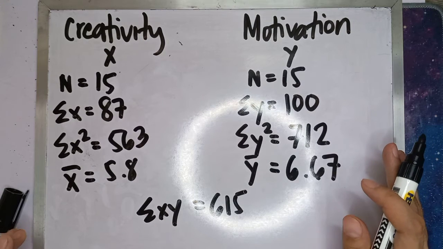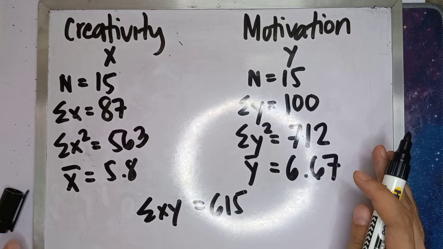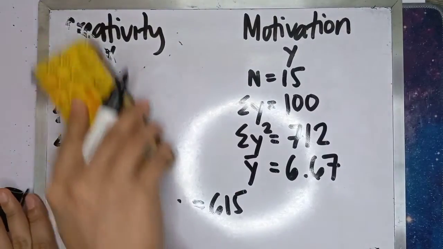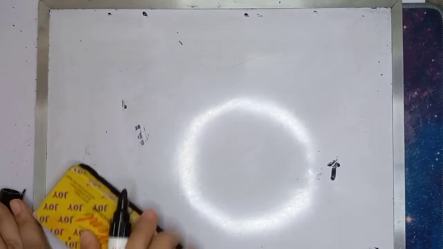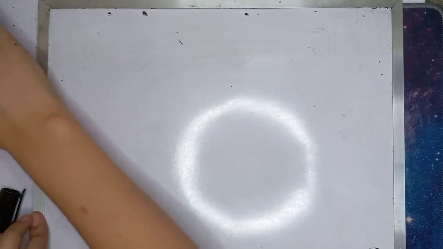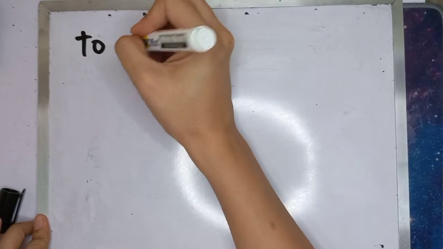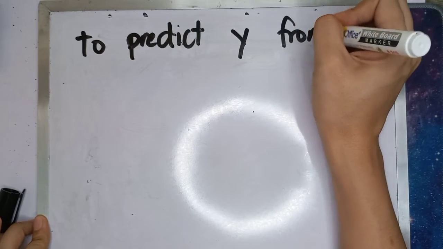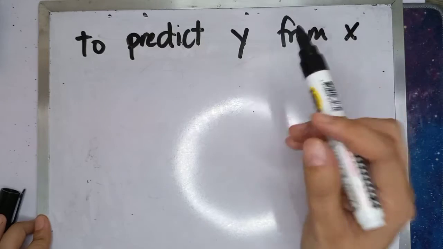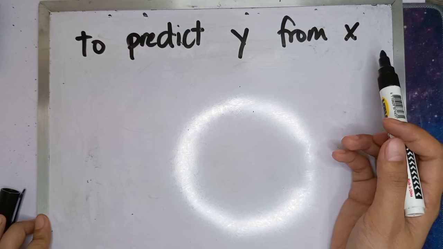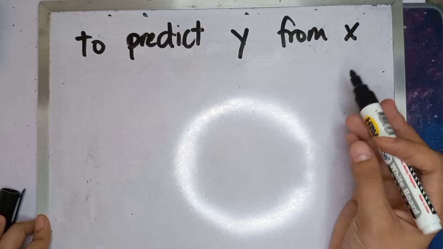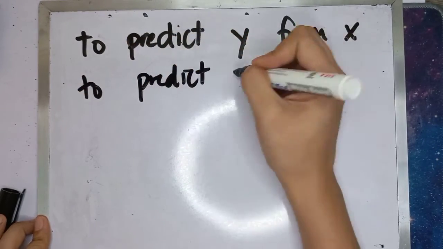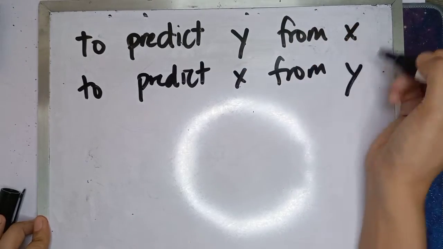So, dalawa ang gusto nating malaman. Okay? So, tandaan nyo, X ay creativity, Y motivation. Okay, gusto nating malaman, ang goal natin is to predict Y from X, okay, motivation from creativity, and to predict X from Y. Dalawa.